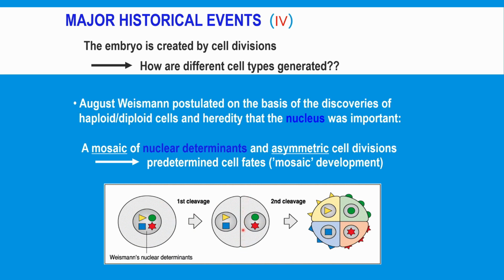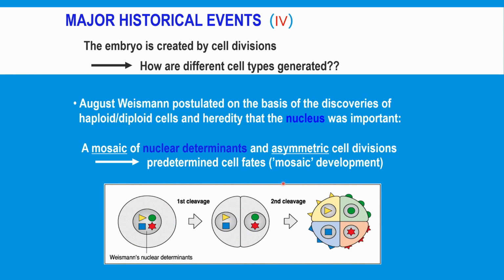The cell undergoes cleavage, and each cell inherits, in this simplistic model, either one or none of each of these determinants. And after another round of cleavage, each cell has only one. And in this way, you can generate distinct cell types by inheritance of these nuclear determinants from the nucleus of the mother cell by asymmetric cell division.